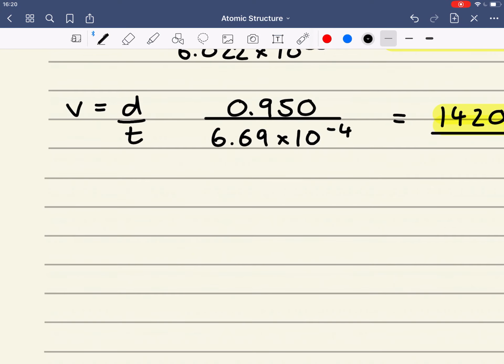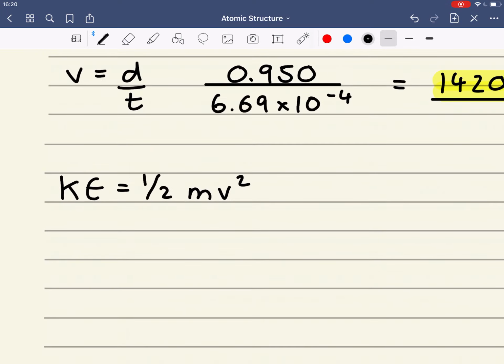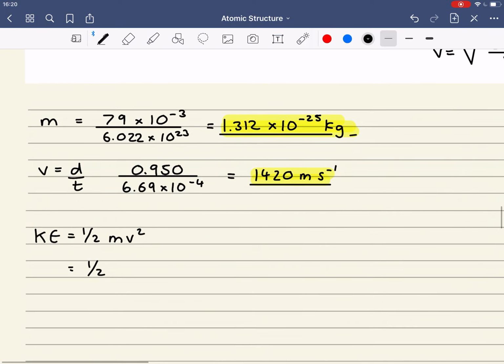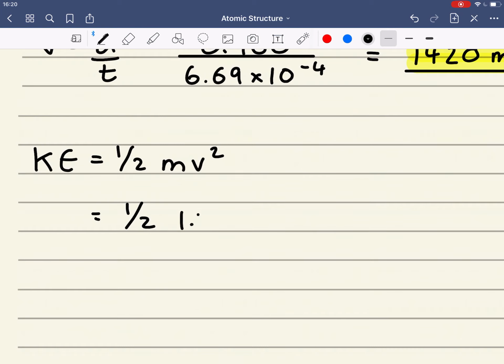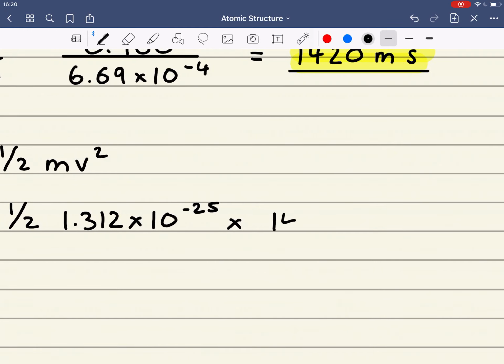The kinetic energy then is equal to half mass times velocity squared. So the kinetic energy then is equal to half times the mass, which is 1.312 times 10 to the minus 25, times 1,420 squared.